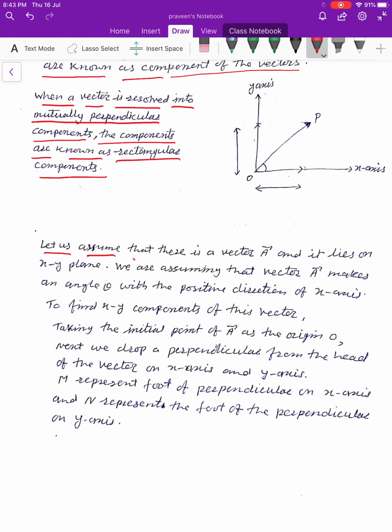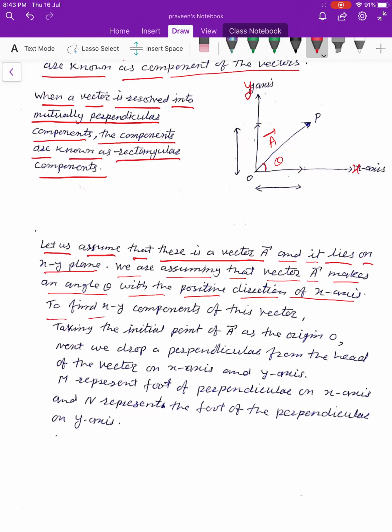Let us assume that there is a vector. Here it is a vector, and it lies on the xy plane. We are assuming that vector A makes an angle theta with the positive direction of the x-axis.